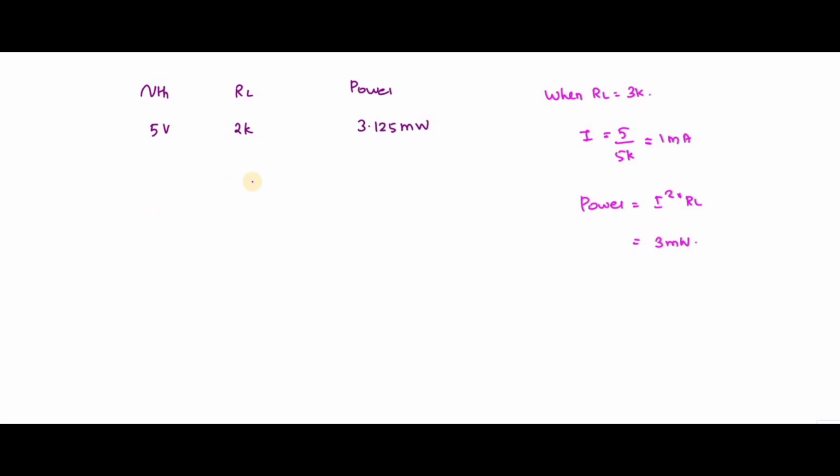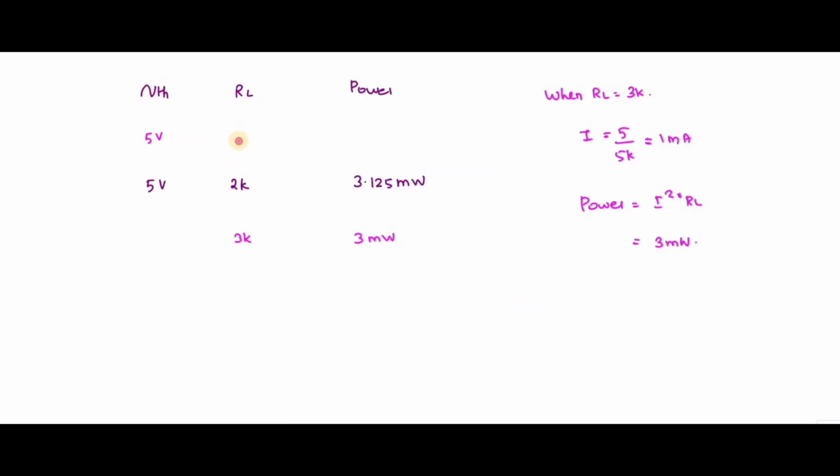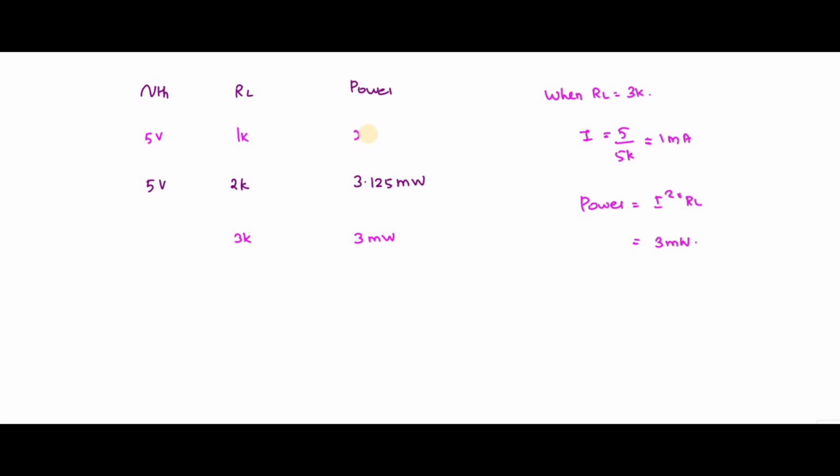So for 5 volt, if I choose this one as 3K, I get the power as 3 milliwatts. If I choose the RL value as 1K, I'll get power as 2.77 milliwatts.